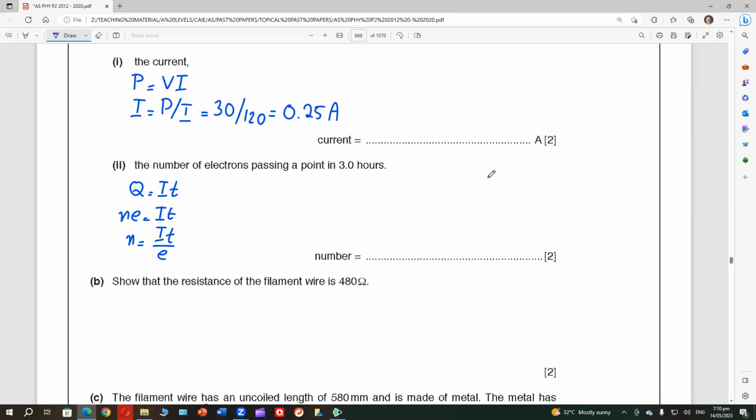N means number of electrons here, it doesn't mean number density. It is coming as 1.69 into 10 power 22.